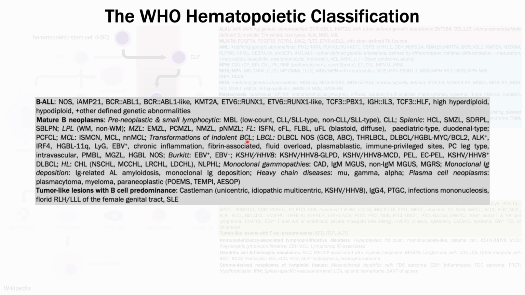And there are 18 total types of large B-cell lymphomas, including the not otherwise specified type. We touched on Burkitt lymphoma, didn't really talk about KSHV or HHV8. We briefly touched on Hodgkin lymphomas and plasma cell neoplasms. The WHO 5th edition now includes these non-malignant or benign-ish things that are pretty grab bag, and I didn't really cover them, but they're called tumor-like lesions with B-cell predominance.